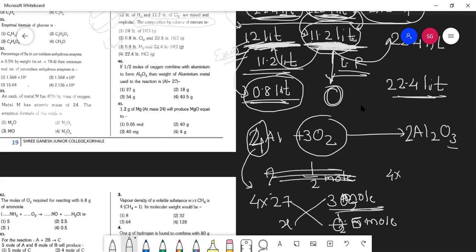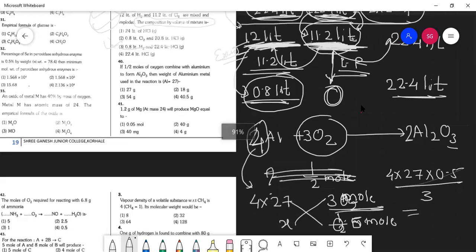So 4 into 27 into 0.5 by 3 moles. Check it, how much you'll get? 18 gram. Is there any option? Option second.